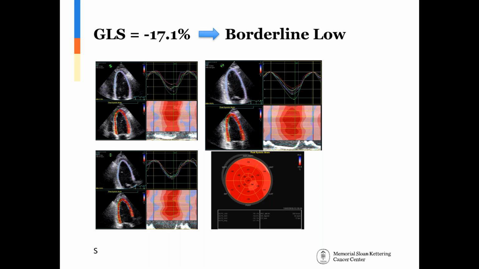And if you had 3 or 4 segments, for example, that dropped out, you may have a normal GLS in truth, and when you do your calculation, it comes out as significantly reduced. And so I think it does have big implication if you don't have a technically adequate strain map.